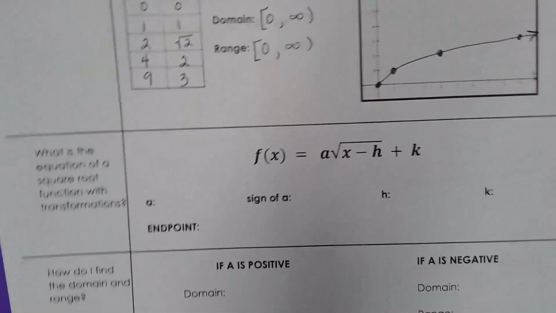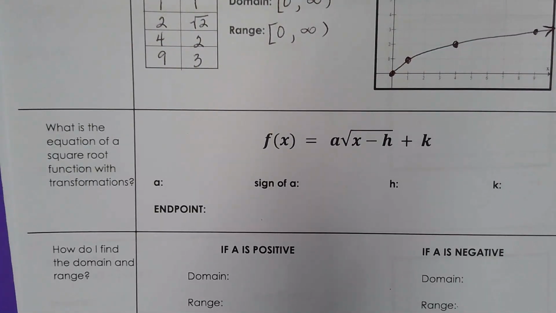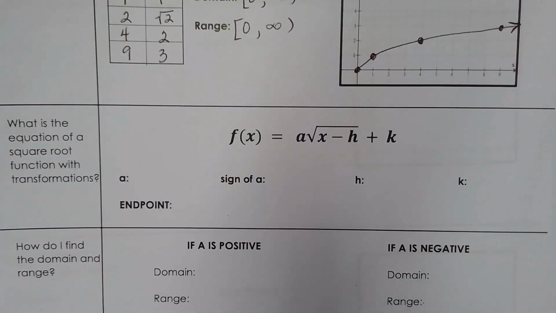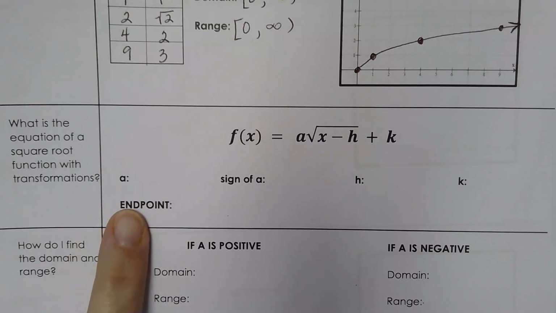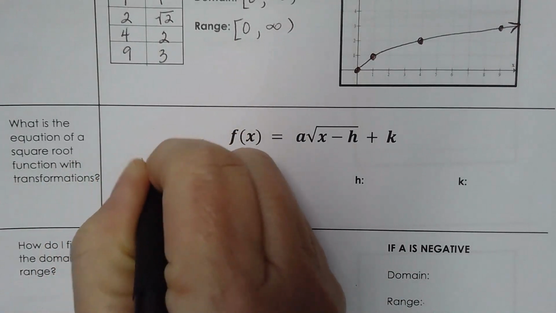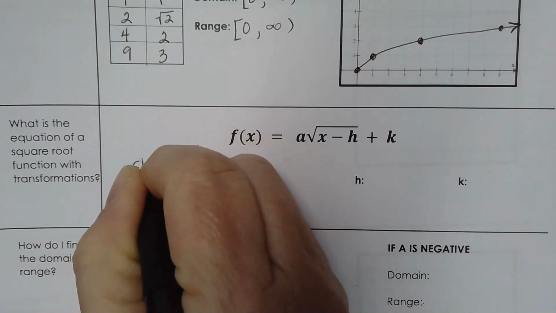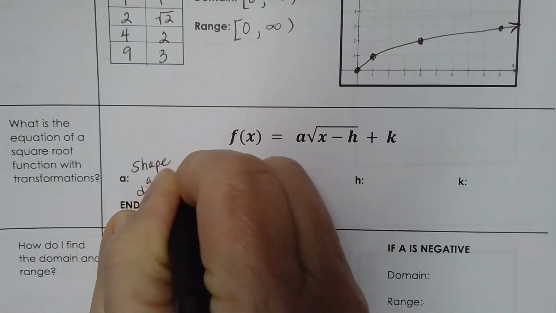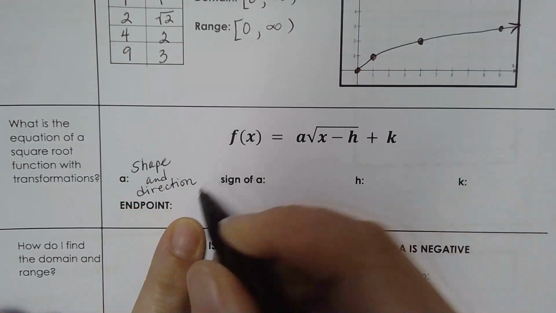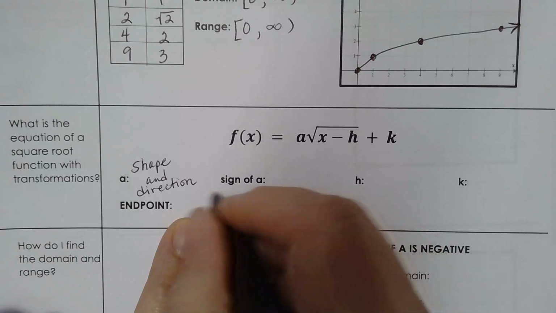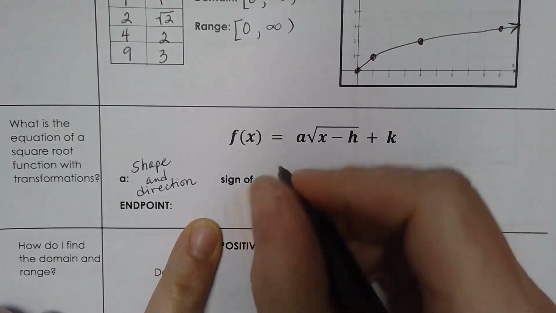Below this, you have the transformation equation. And A affects shape and direction, just like it did last semester. The direction change depends on what the sign of A is.